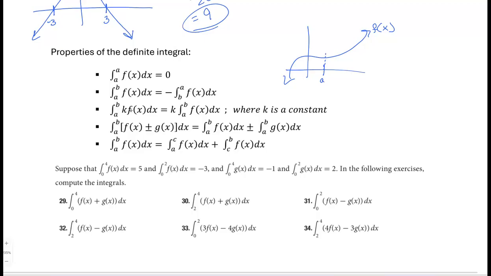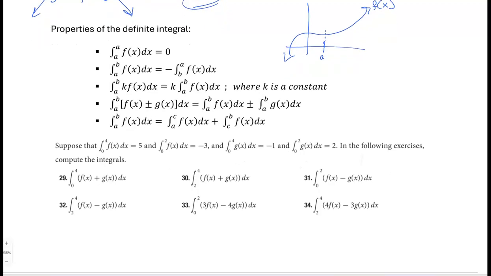If I integrate from a to b of k, where k is some constant, times f of x, I could think about pulling that k out and then integrating from a to b. The sum and difference formula still holds. So if I integrate from a to b of f of x plus or minus g of x, I could think about integrating each piece separately.